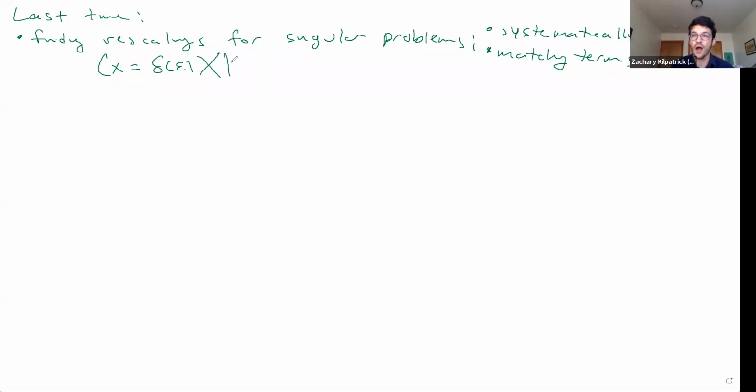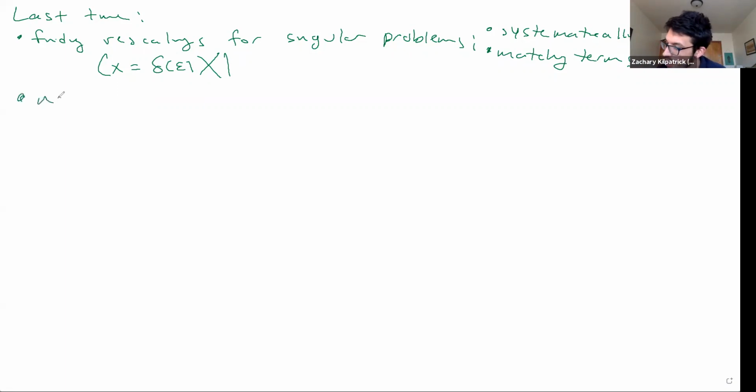And then you solve the problem for big X. In practice, if you don't have a lengthy problem, if you just have 4 terms or something like that, term matching can often work best, and just say I want to make these 2 terms of the same order in my problem.